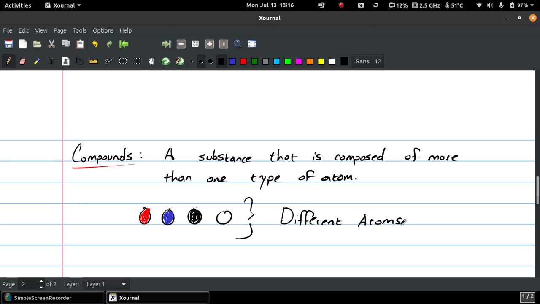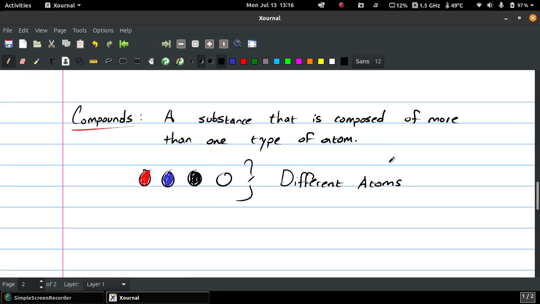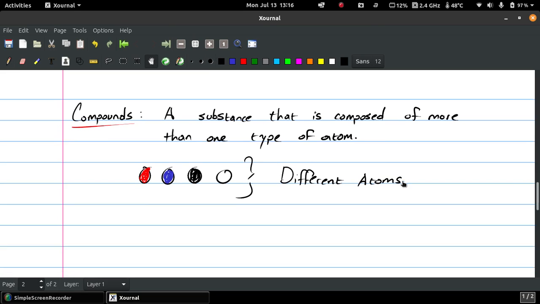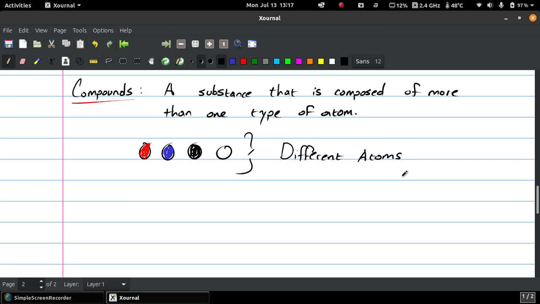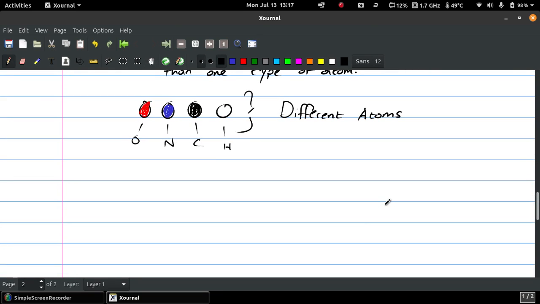So I'm going to show you what I mean with a compound. Say this is oxygen, carbon, hydrogen, nitrogen. These are usually represented when you use model kits or if you see 3D models online.